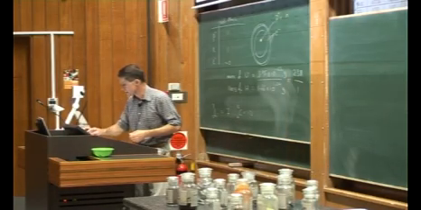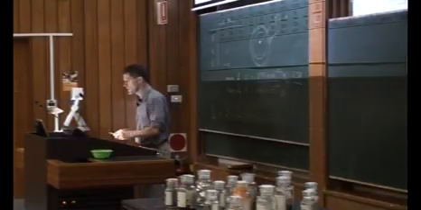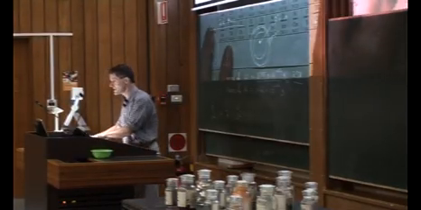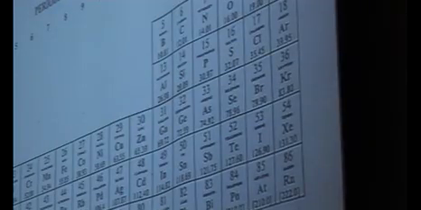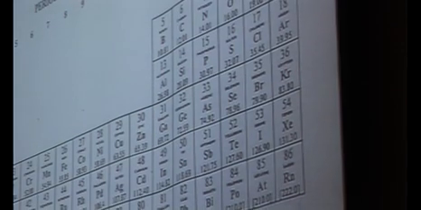Now, if we look at the periodic table, we find that the number underneath the element indicates what we call the relative atomic mass of that element. And the first thing you notice probably is that it's a non-integer value.